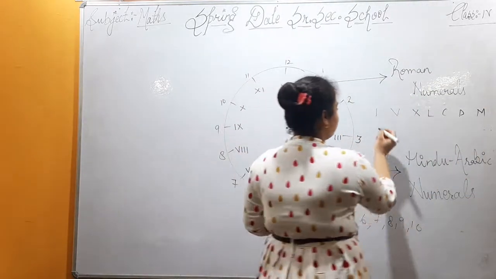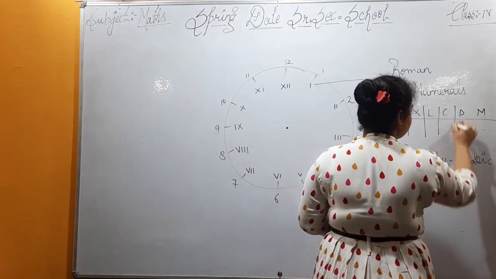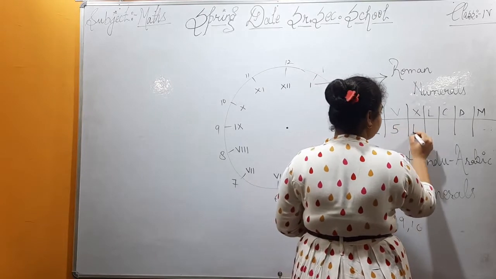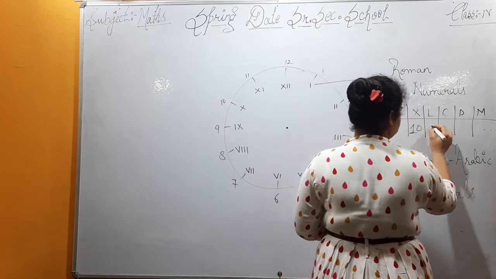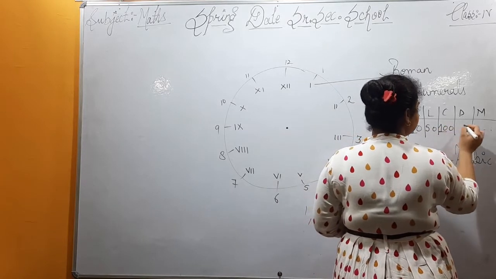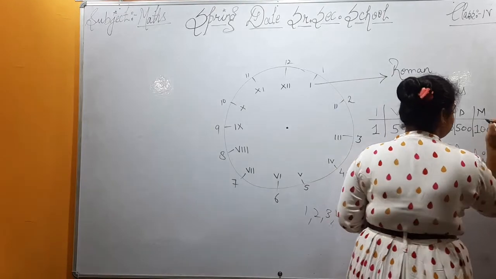So we will write the numbers after this: 1, 5, 10, 50, 100, 500 and 1000.